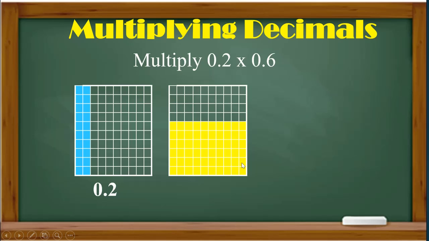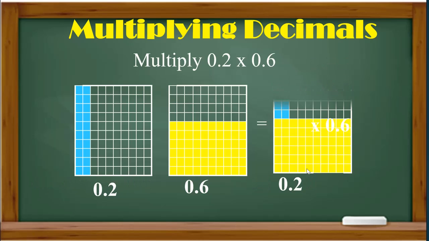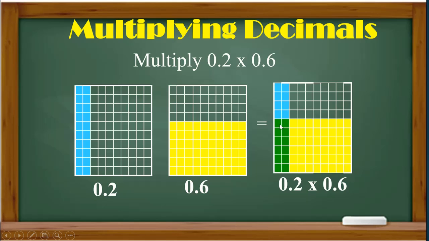So we will have 6 sets of 10. 1, 2, 3, 4, 5, 6. So we will have 6 tenths. So to combine 2 tenths and 6 tenths, this is 2 tenths. To combine it with 6 tenths, the overlapping grid will be colored green.